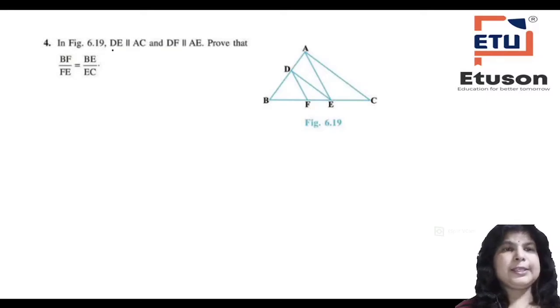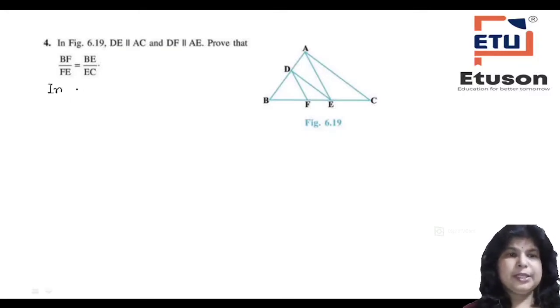So in figure 6.19, DE is parallel to AC, DF is parallel to AE. Prove that BF by FE is equal to BE by EC. So now just check. In triangle ABC, your DE is parallel to AC.